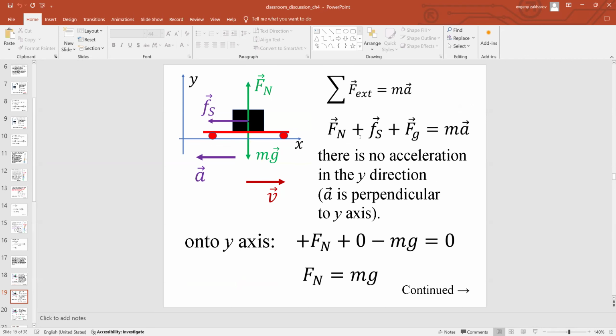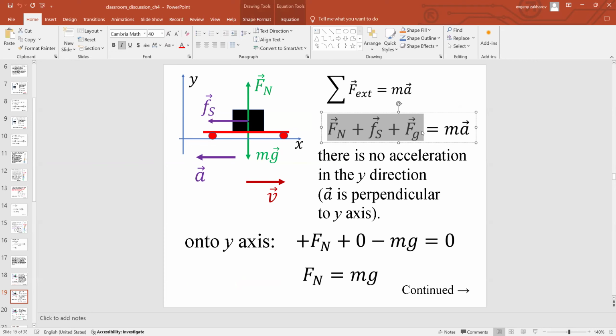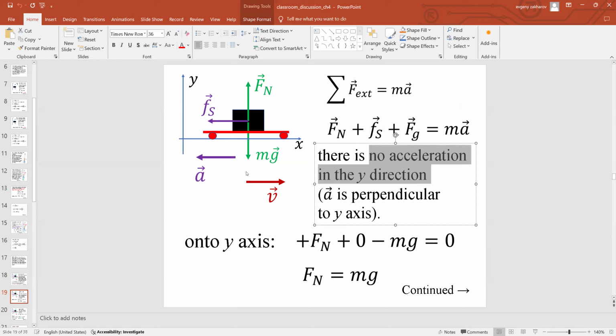Okay, dynamics, second Newton's law. All the forces are shown. You got gravity, you got static friction, and you got normal reaction. Acceleration on the other side. And you say no acceleration in the y direction, because acceleration is perpendicular onto y-axis. So onto y-axis, you got positive normal force, same direction.